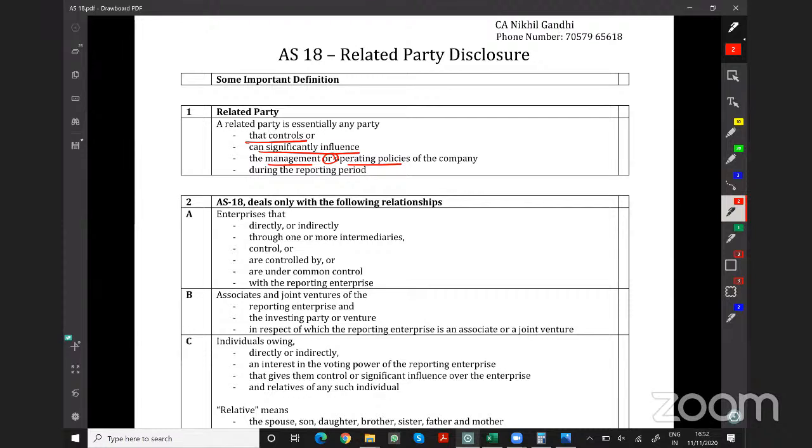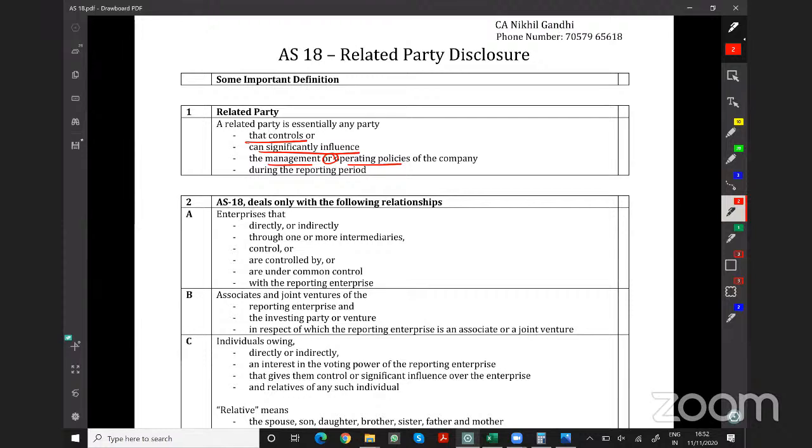If I say B, the answer will be B only. Means your timing is 9 to 6, your timing is 9 to 6 only. I control the time. The second thing is I can significantly influence the timing. Means I cannot control the timing, but because of my decision, the timing, the tenure can be influenced. This is the difference between control and influence.